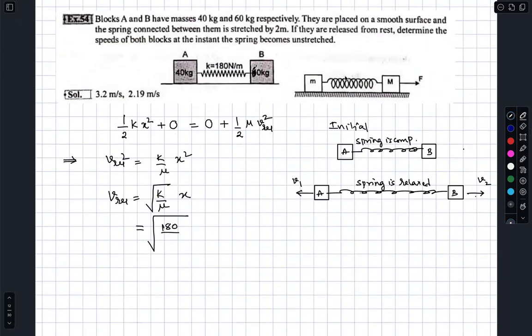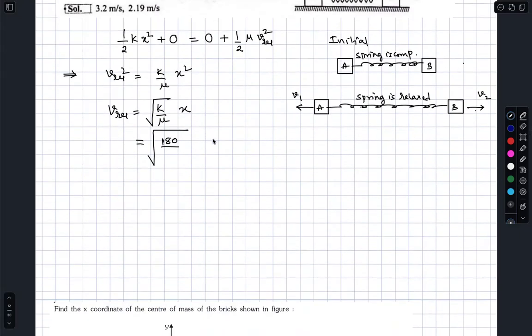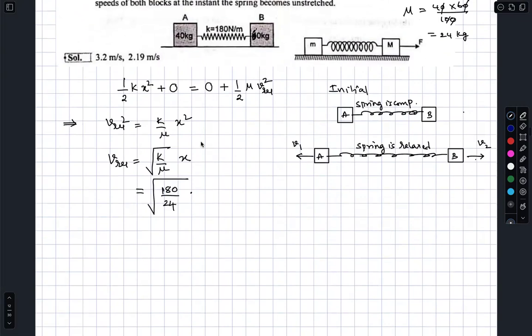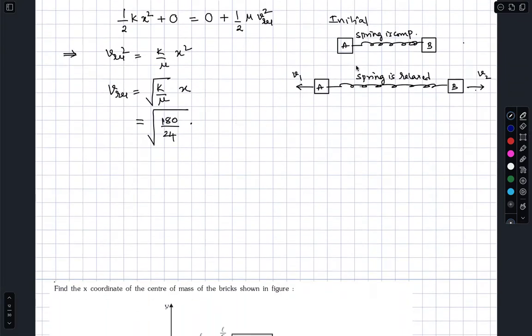By the way, what is mu, the reduced mass? 40 into 60 divided by 100, 24 kg. Into X. Compressed, sorry, stretched.